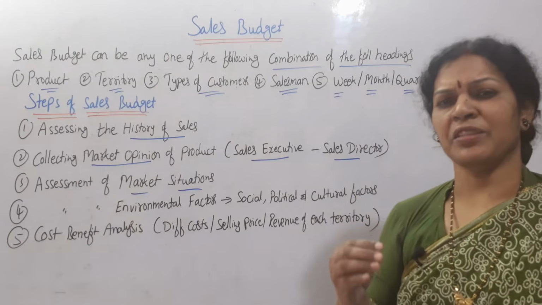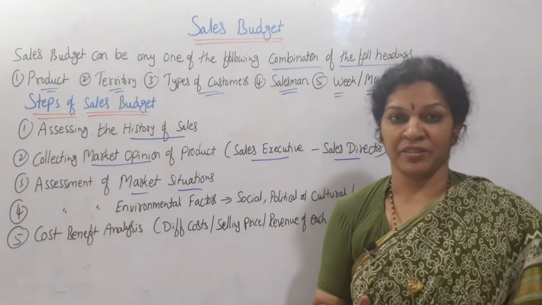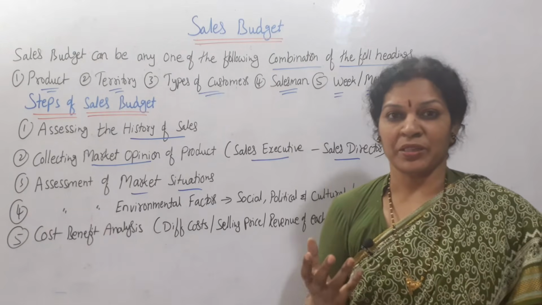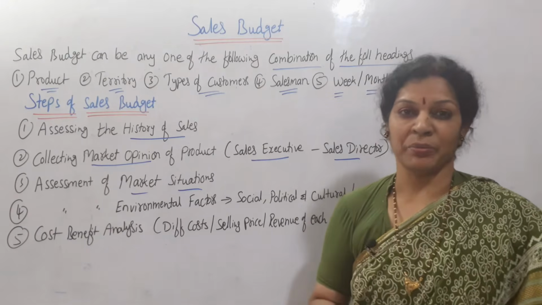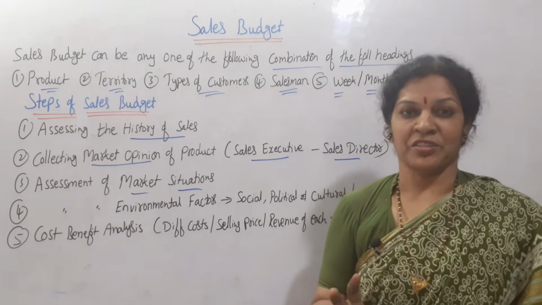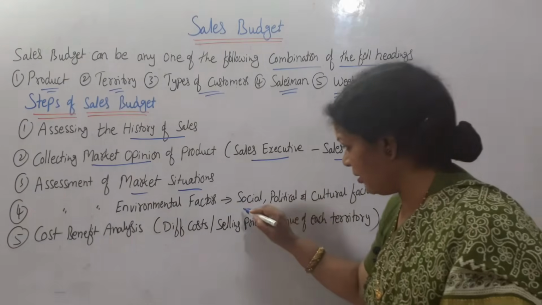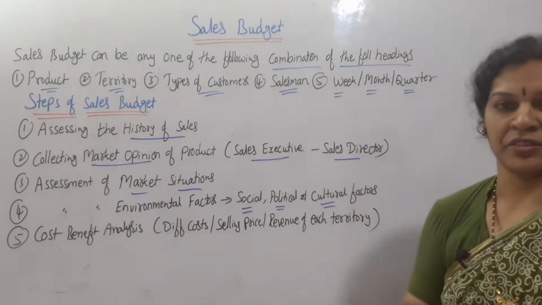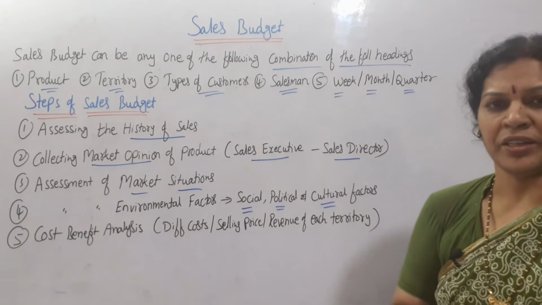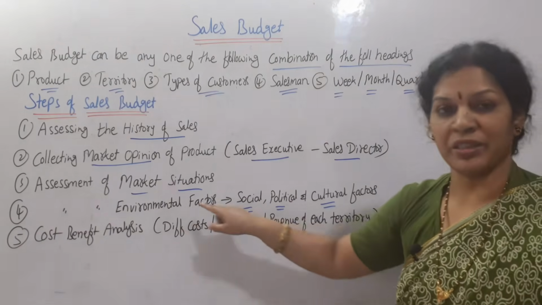Unexpectedly, something can change the market, maybe for good or bad. Sometimes you expect a lot but are not able to get it because of environmental changes, such as social, political and cultural changes, which definitely affect sales. That is why we have to consider that.